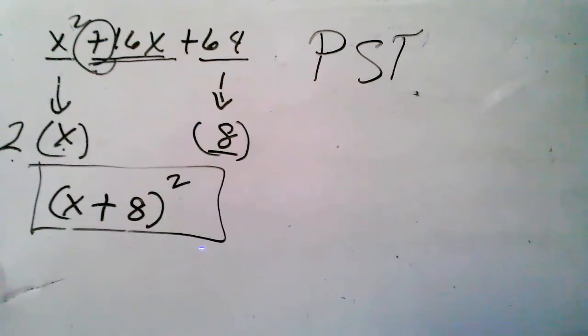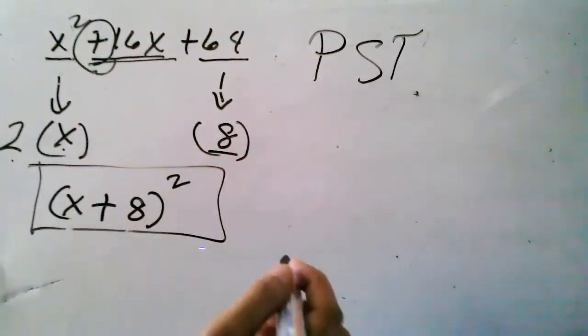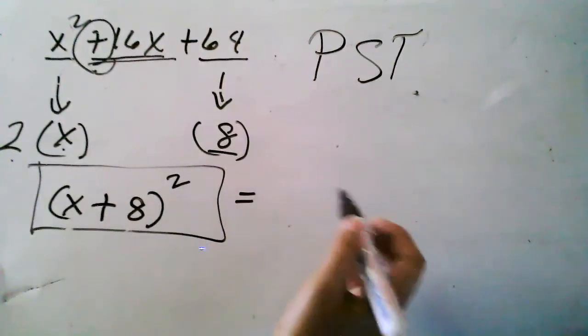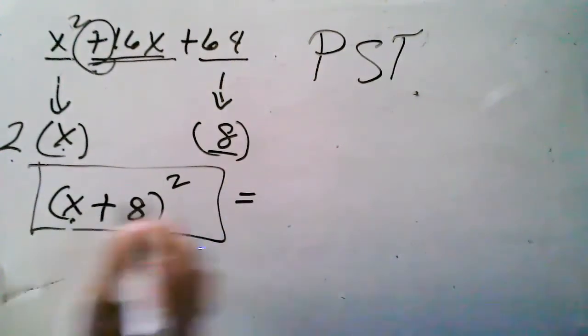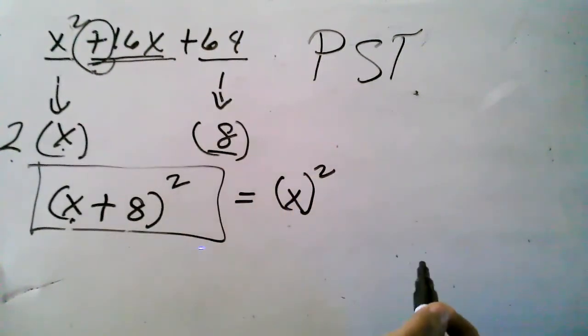So in squaring a binomial, this is the pattern, all right? This is the pattern in squaring a binomial. So first we need to square the first term, that is x squared.